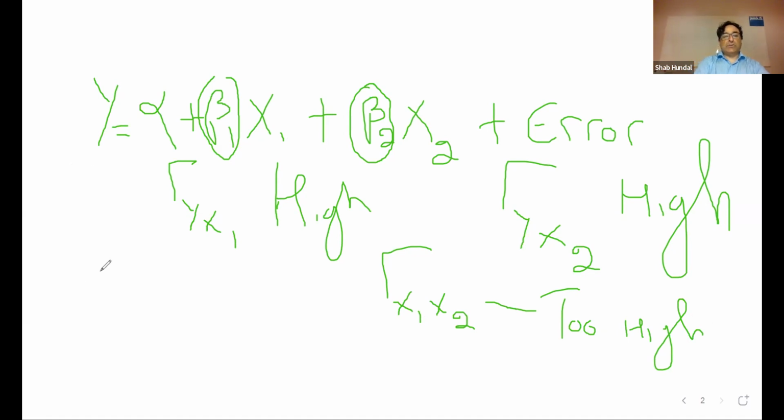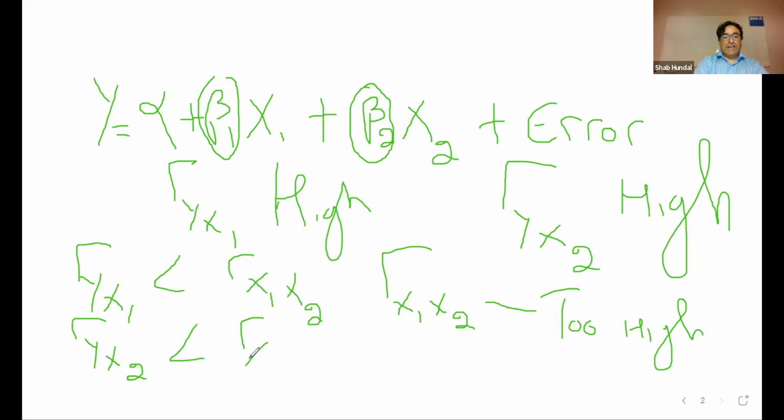So imagine a situation where R(Y, x1) is below R(x1, x2), or R(Y, x2) is below R(x1, x2). Here R means correlation.